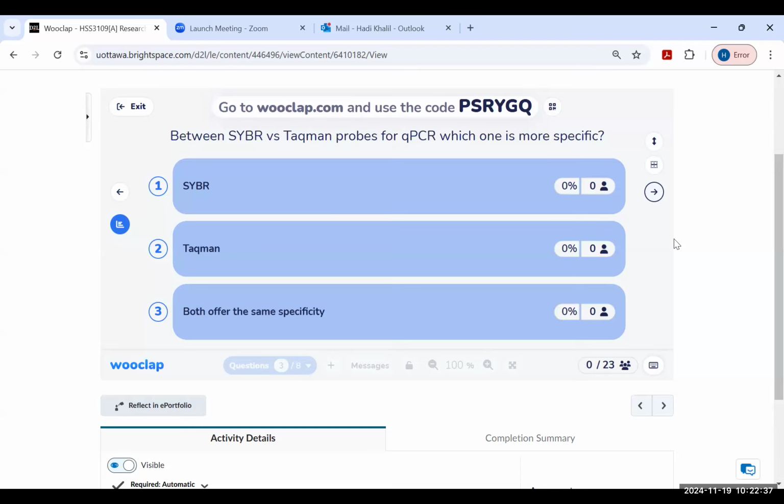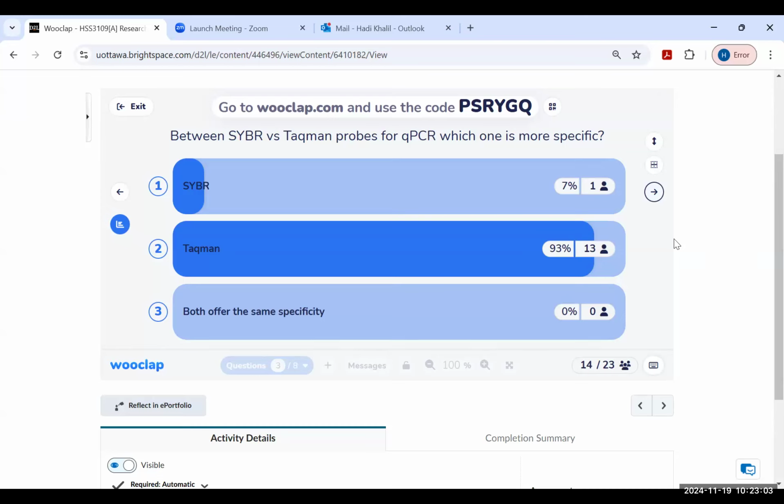Between SYBR and TaqMan probes for qPCR, which one is more specific? I already answered. Recall that you have that probe in the TaqMan that gives you specificity toward that sequence within the gene that is not related to the primer sequence only.